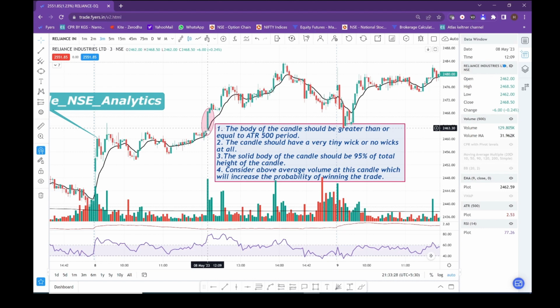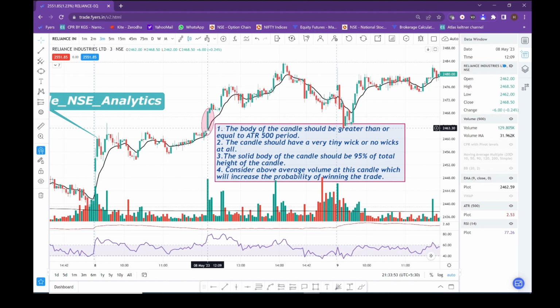You can see the right side of the pane data window. For ATR it is showing 2.53. So the average true range for a 3 minutes chart on Reliance Industries is 2.53, but this candle is of 6 rupees. The range of this candle is 6 rupees.